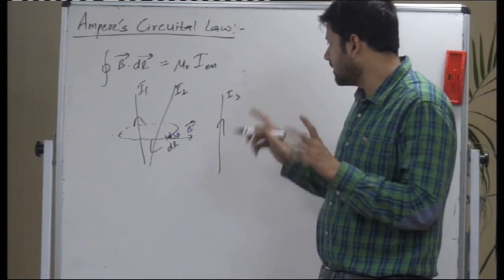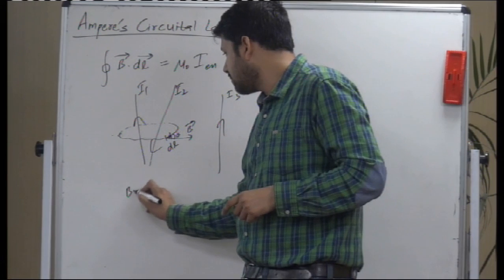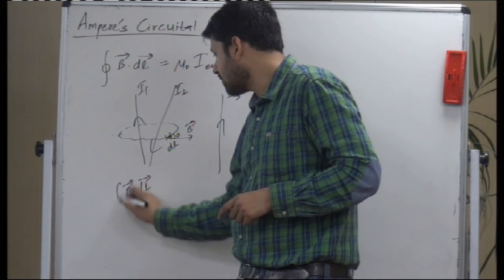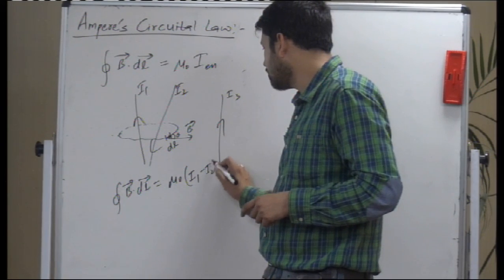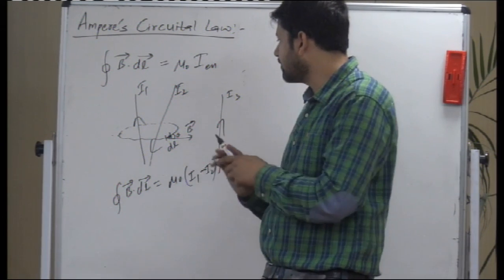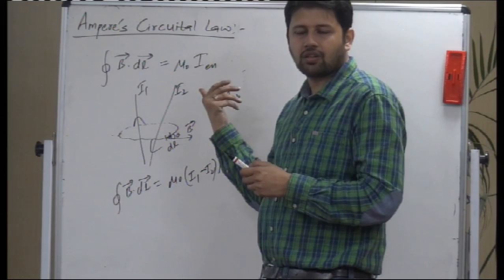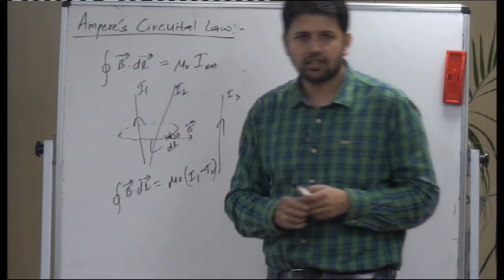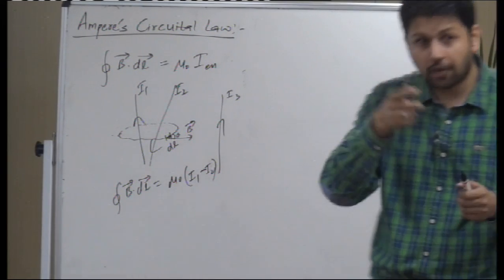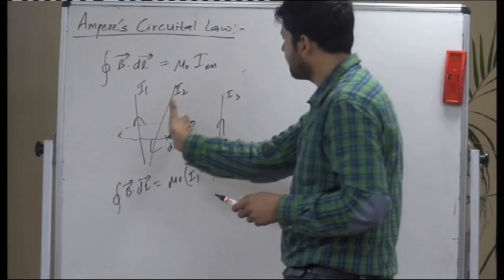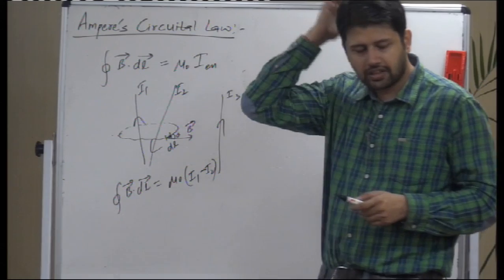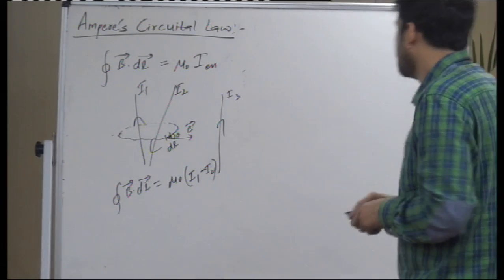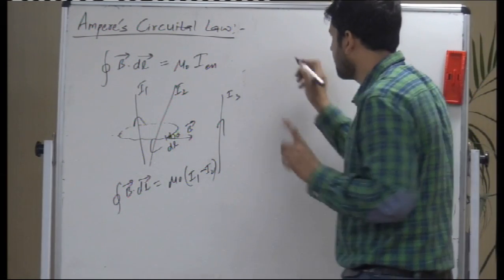In this scenario, we get the integral of B dot dl equal to mu naught into (I1 minus I2). Why? Because we take the field as circulating in the clockwise direction. So upward current is taken as positive and downward as negative.